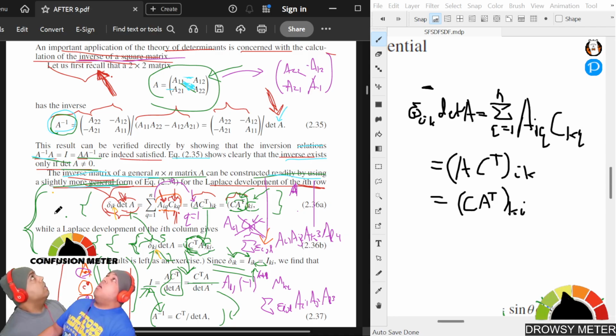That makes sense. Maybe A C transpose, C transpose A, ki. Well, we also switch around the indices. Switching around the indices was apparently not enough.